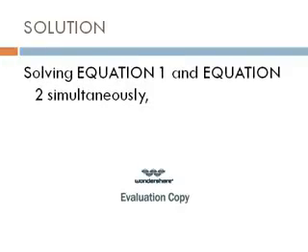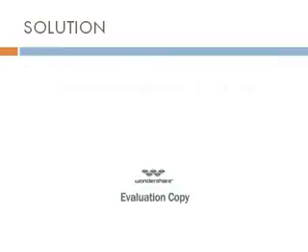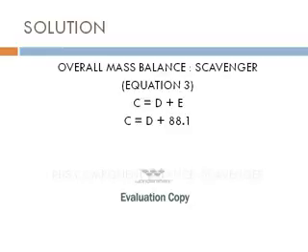Solving equation 1 and equation 2 simultaneously, we will have B equals 11.9 pounds and E equals 88.1 pounds. Performing an overall and component balance throughout the scavenger tank, we will have equation 3 and equation 4.